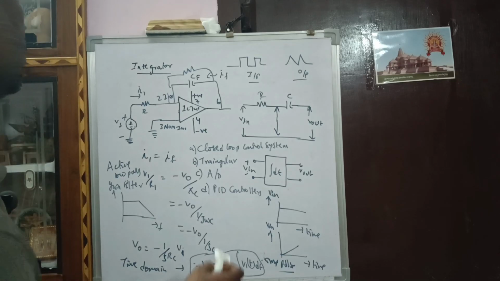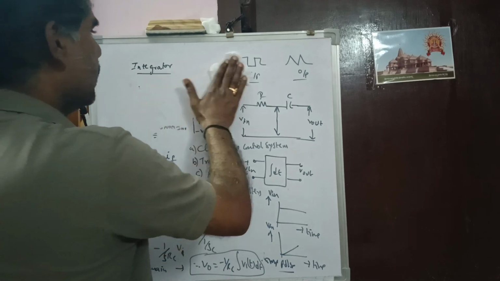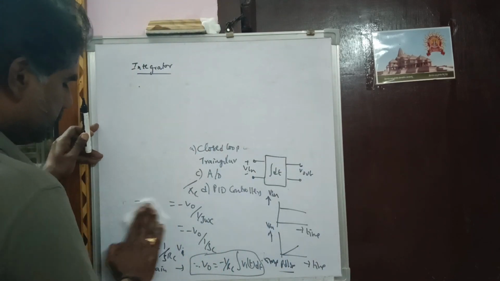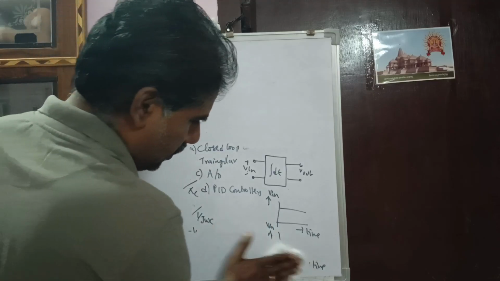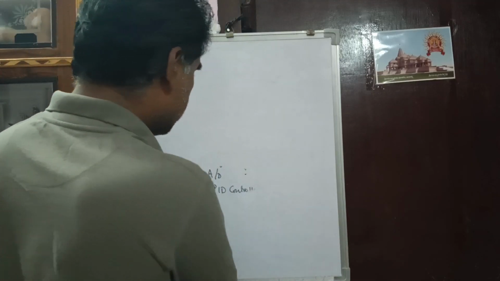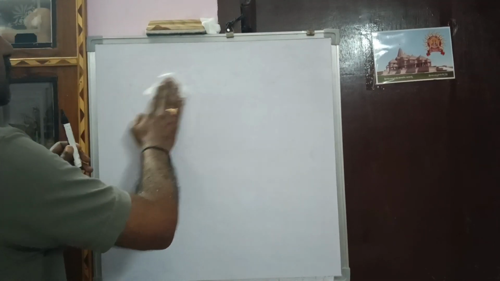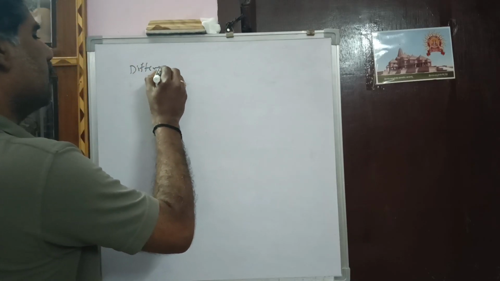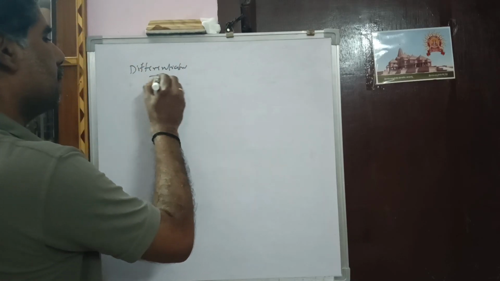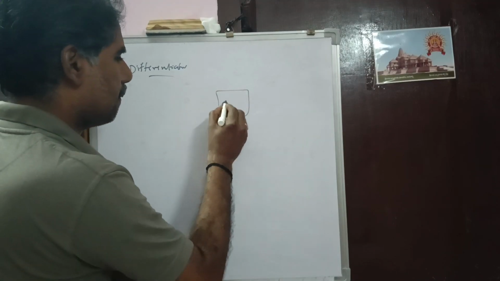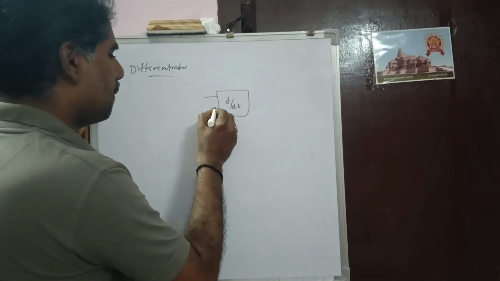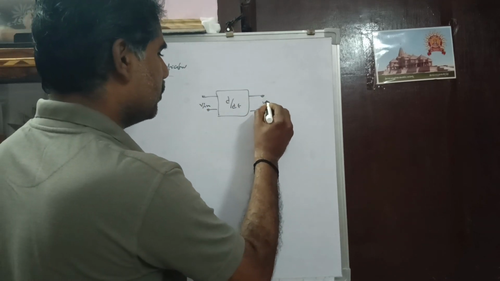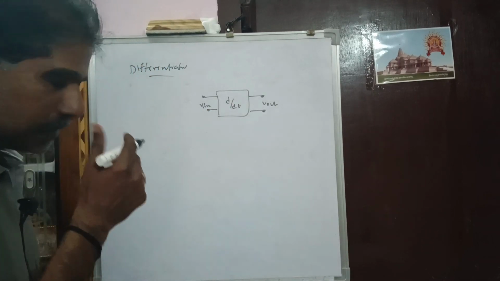Another one I used to discuss, which is important, is the differentiator. A differentiator also has a basic symbol, with input and output measured like that.